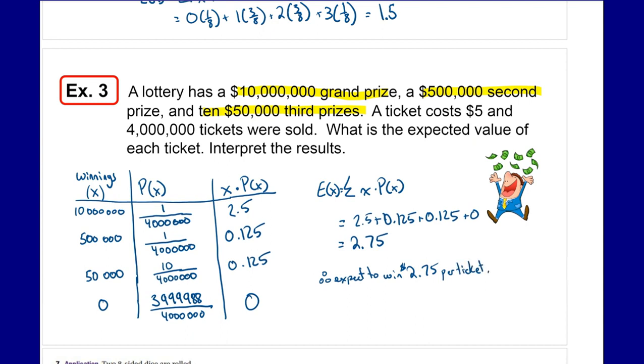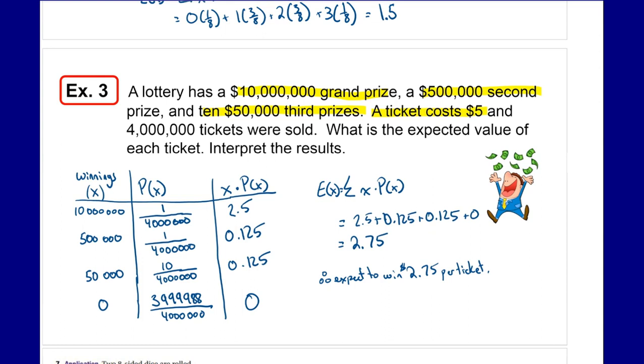Now, what else could we say about this? Well, the other piece of information is that a ticket costs $5. So if we're spending $5 a ticket, but we're only expected to win $2.75, then every time we buy a ticket, we're basically losing $2.25. Basically, the value that we're paying is more than the value of the ticket based on the prizes.